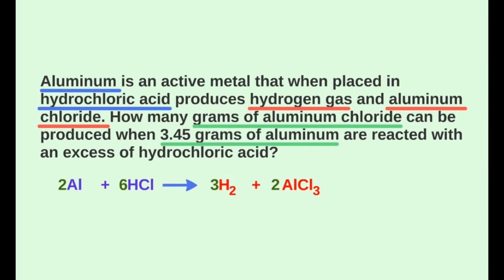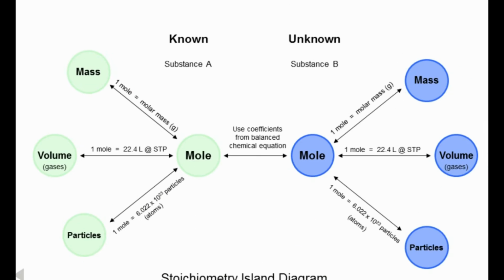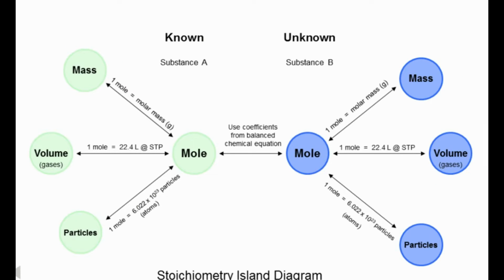So let's go to our map. Okay, so we're starting over on which one of these green dots? Mass. We got 3.5 grams of aluminum. We got to get to our moles, so we need the molar ratio between the two. We're here. We've converted over, and we got to cross the bridge. What does it say to do? What's the ratio we got here?